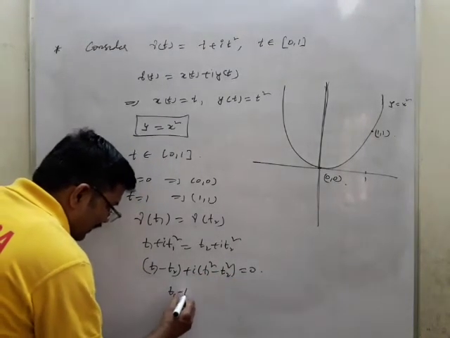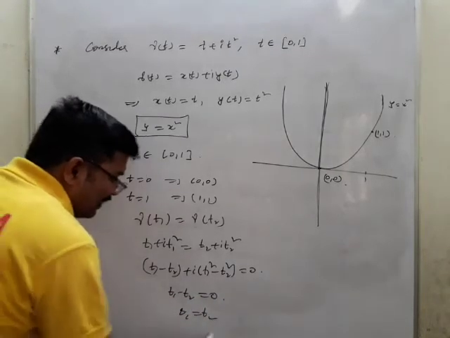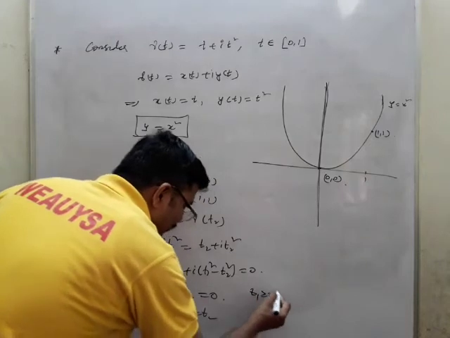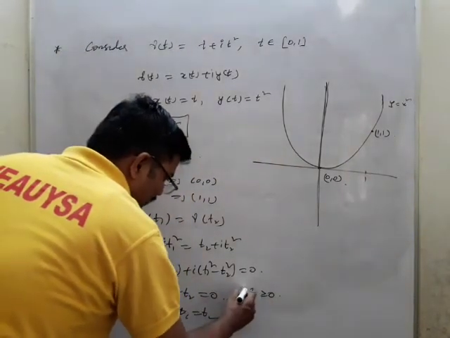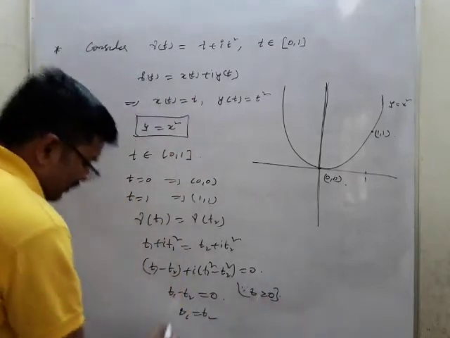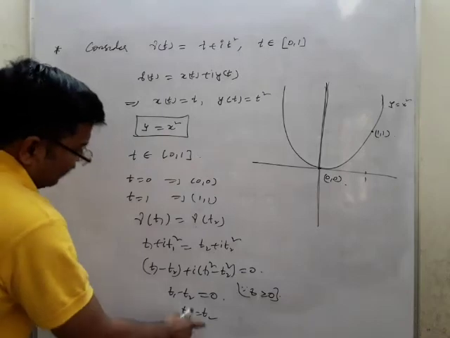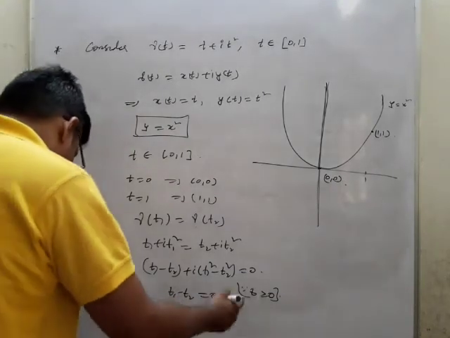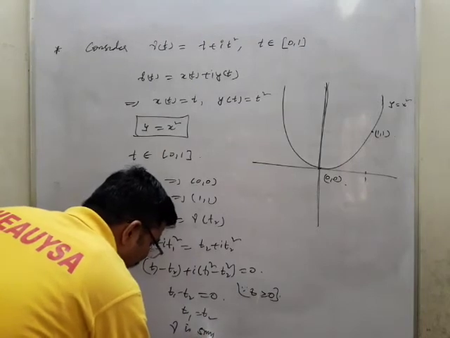That implies t1 minus t2 equals 0, so t1 is equal to t2, since t is greater than or equal to 0 and always positive. So gamma is 1-1, and so I can say gamma is simple.